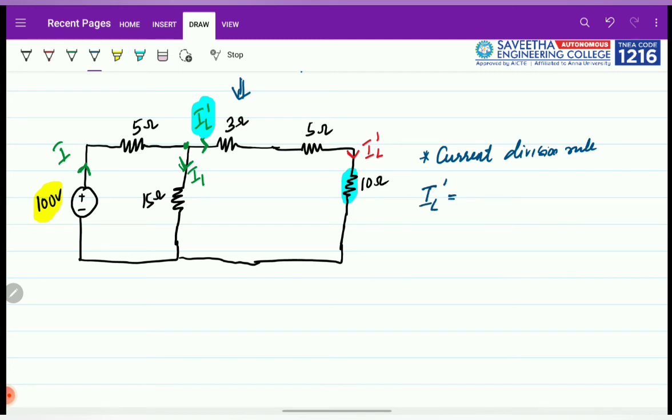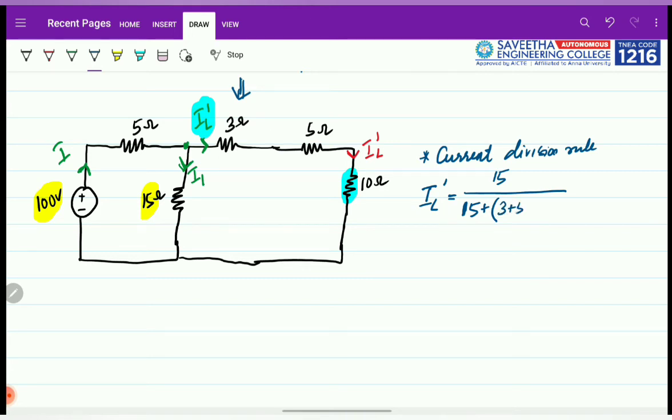IL dash is equal to the opposite resistance divided by the sum of the resistance in this branch. So the opposite resistance is nothing but this 15 ohm resistance, so it is the 15 ohm resistance divided by the sum of the resistance, that is 15 ohm plus the sum of the resistance in that branch, which is 3 plus 5 plus 10.